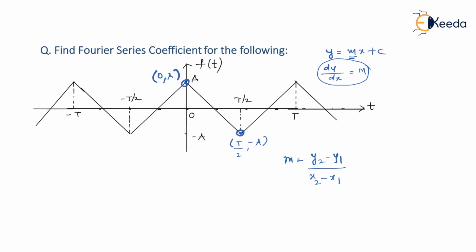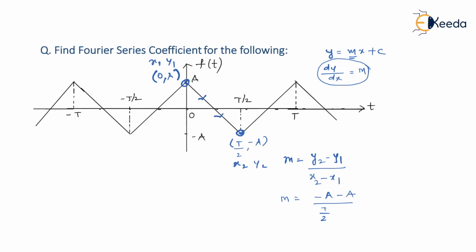Since we are traveling in this direction, I'm going to call these coordinates x2, y2, and these coordinates x1, y1, and just substitute in the slope formula. So m is equal to y2 minus y1, y2 is minus a, minus y1, and y1 is a, over x2 minus x1. x2 is t by 2, and the value of x1 is 0.